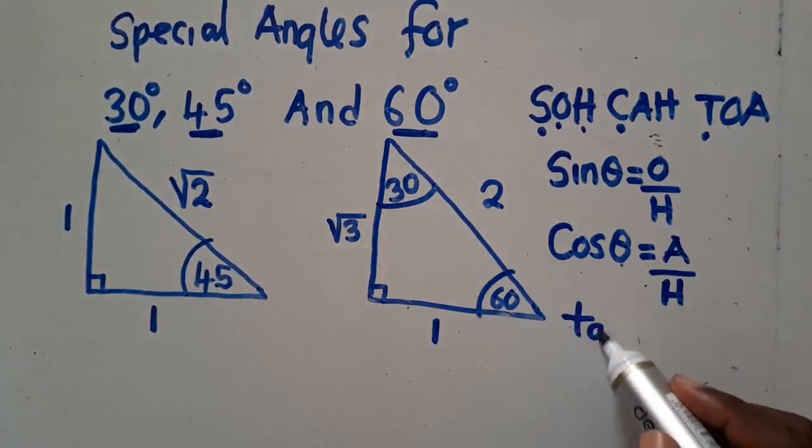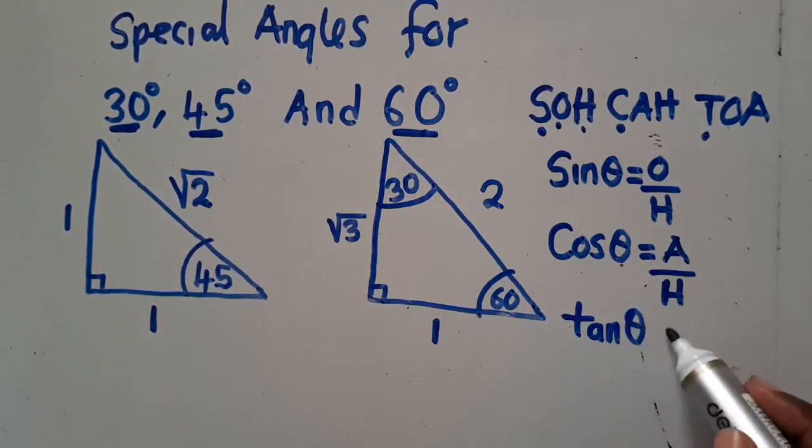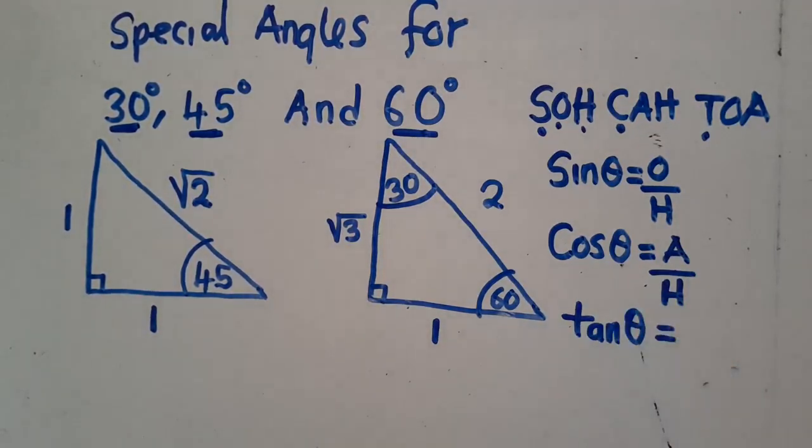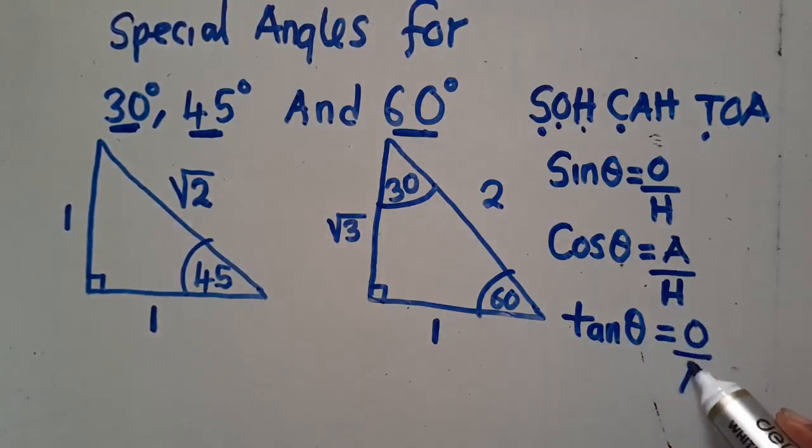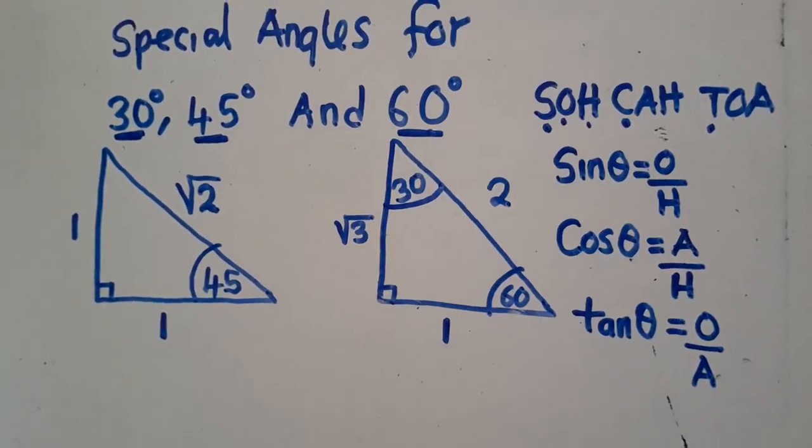That is tan theta. Theta, you know that is an angle, is equal to opposite over adjacent. These are the three things that you need to know. Make sure that you understand this.